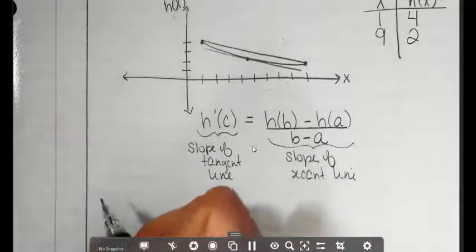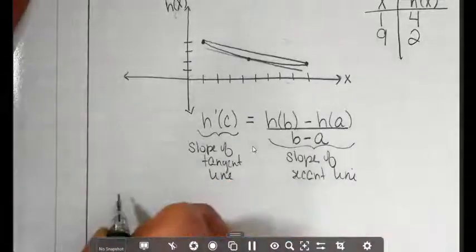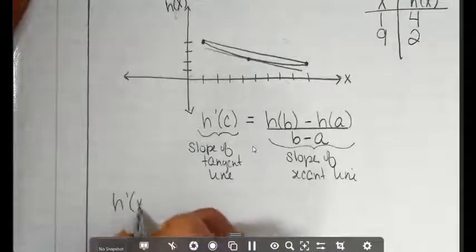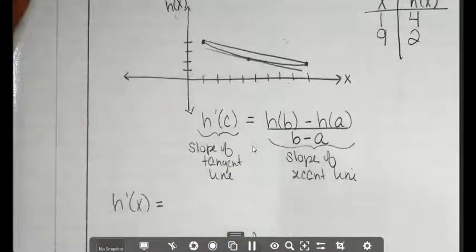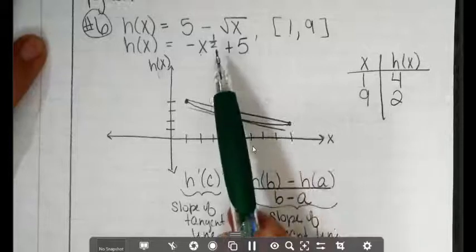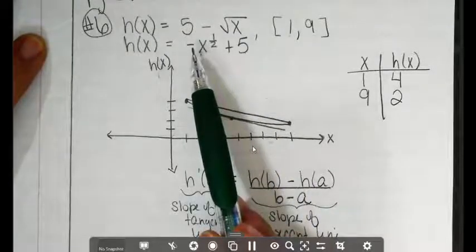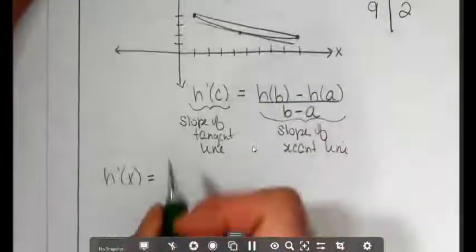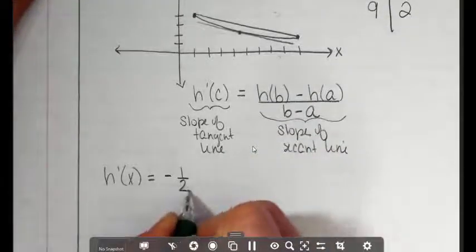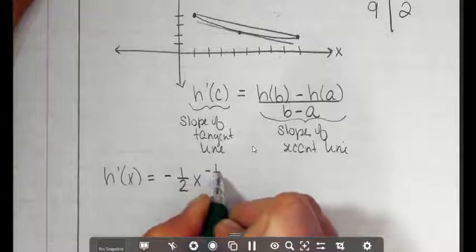Okay, going off to the side, h prime of x. We'll back up to my original here. I'm going to bring down that 1/2, so it's going to be negative 1/2 x to the negative 1/2.